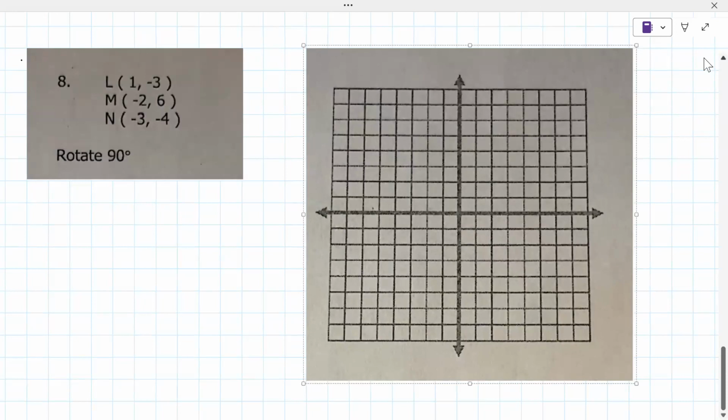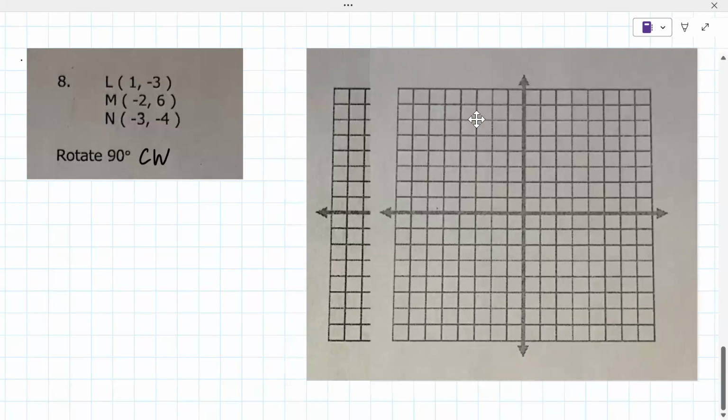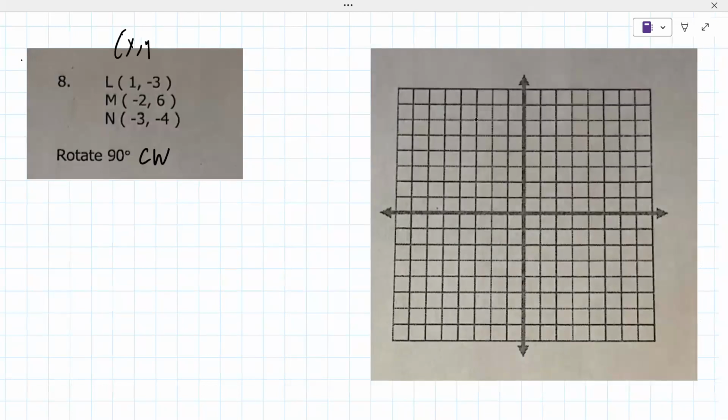So rotating 90 degrees clockwise, can you find that rule on the reference sheet I sent you? Okay, let's see. Clockwise 90.